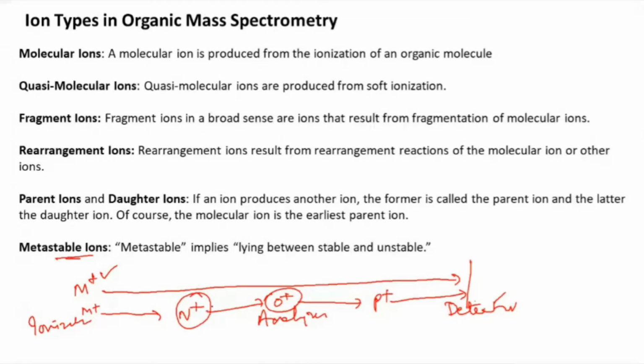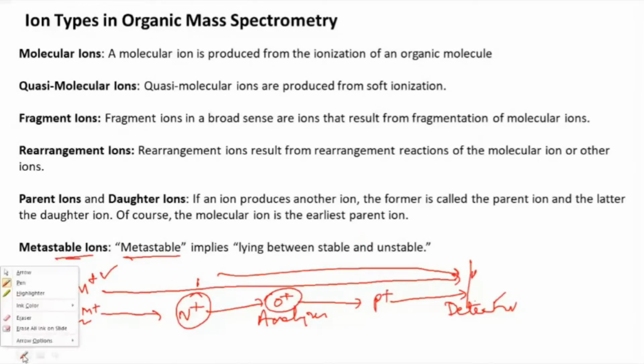That's the reason why this type of ions are what we call metastable ions, which normally cannot be detected because they are highly unstable and cannot survive the duration that we have to travel from here to here, to here. They are more like reaction intermediates.